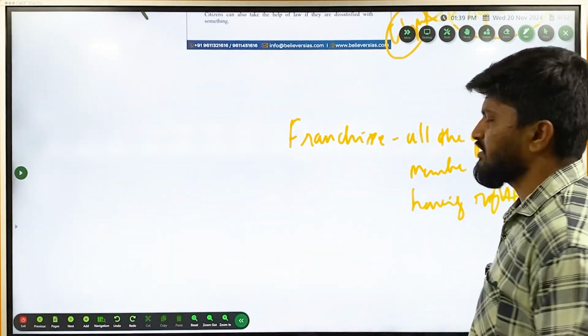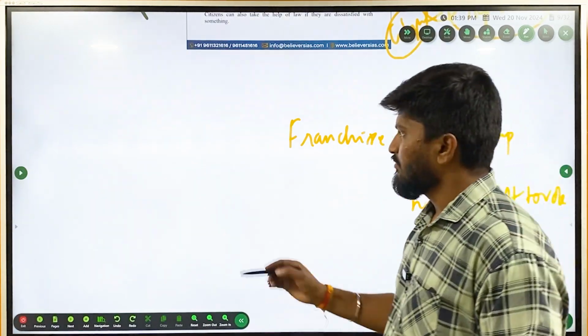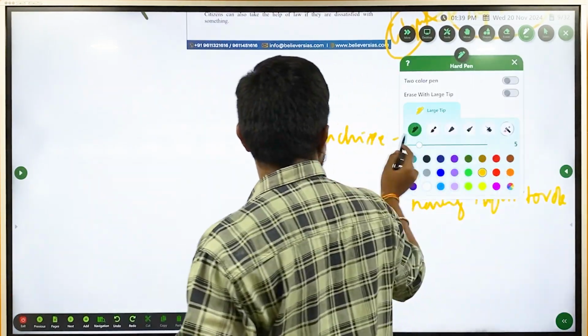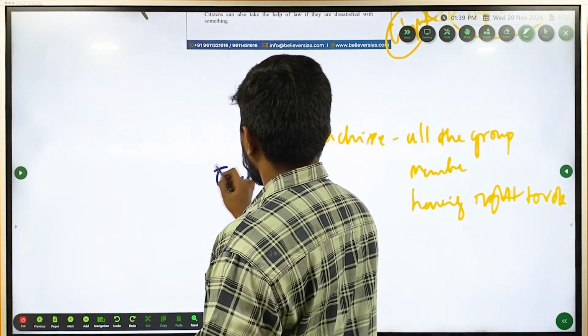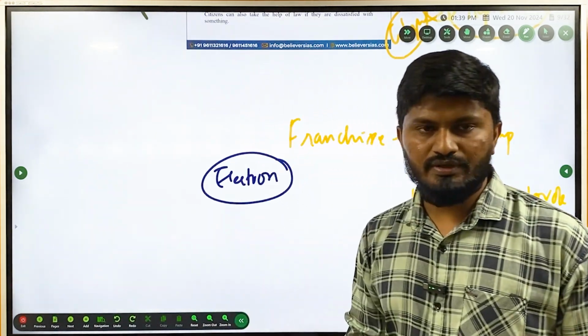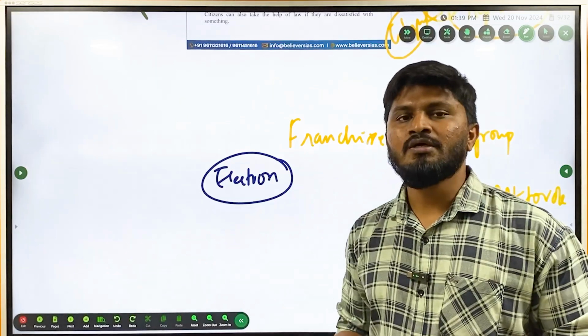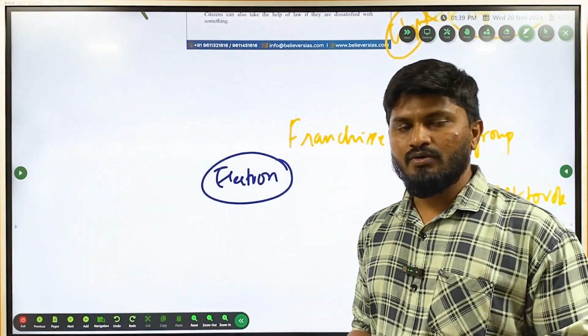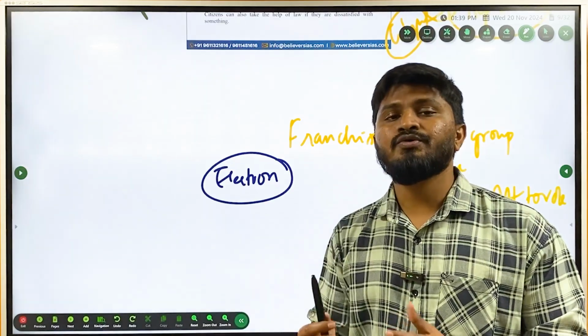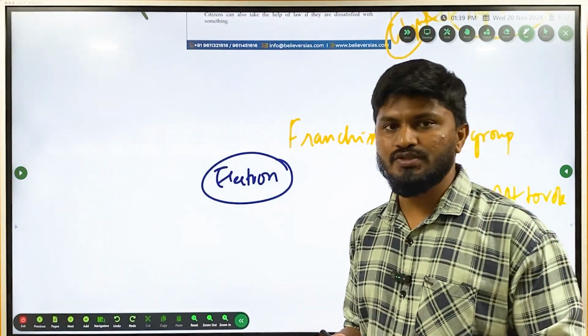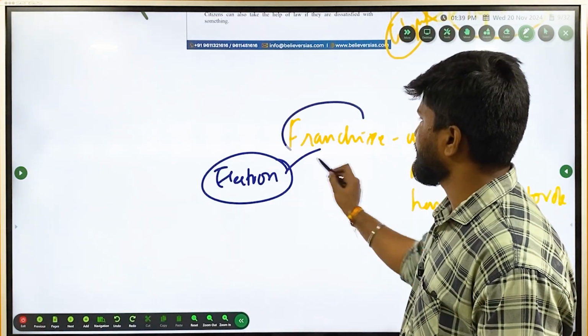Okay, for an election, what is an election? It is a process of choosing who should govern you, who should be the government. The process of choosing is the election, and those who are going to choose belong to the franchise.